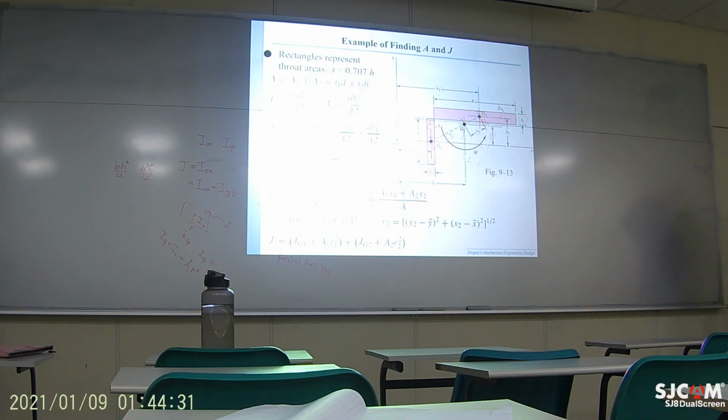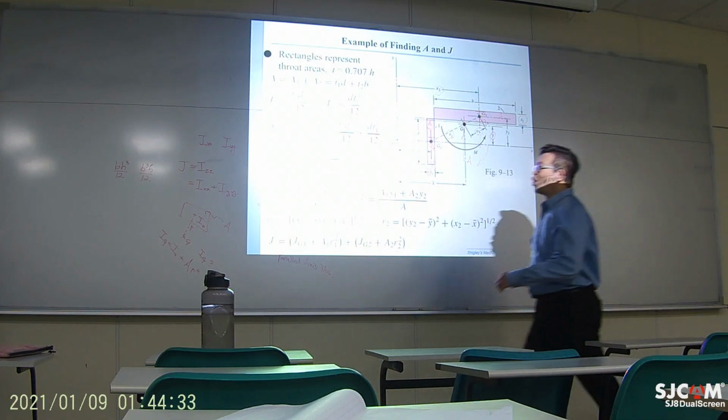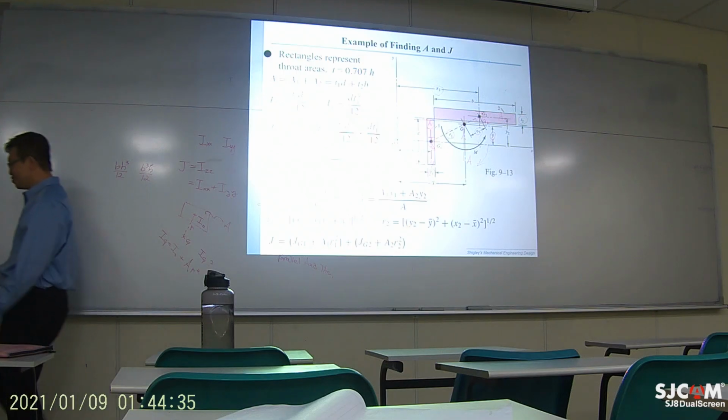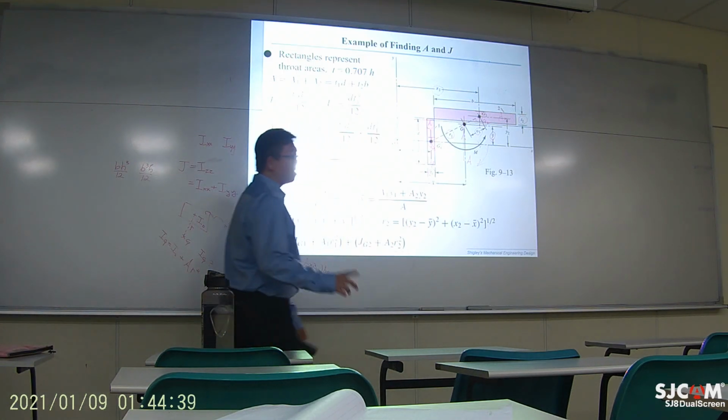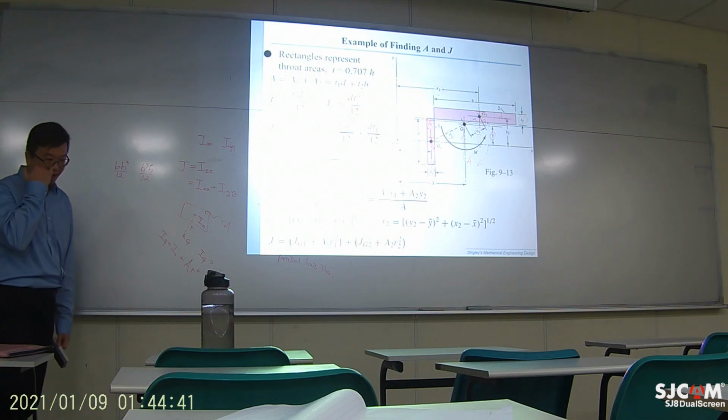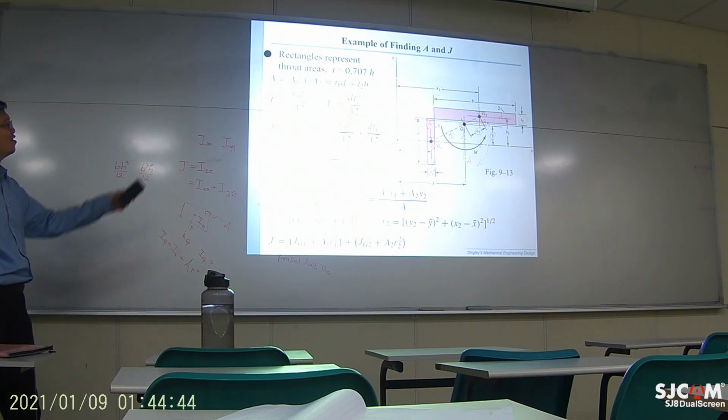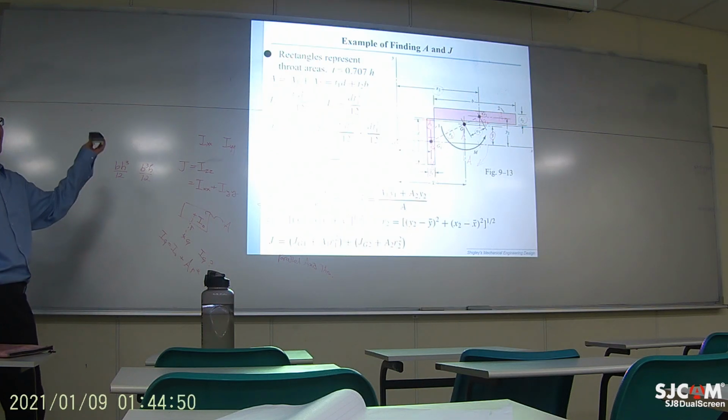Okay? So, do you understand this one? If you are studying welding parts, then you need to figure out something like this. Because once you have that information, it is necessary for the stress analysis.